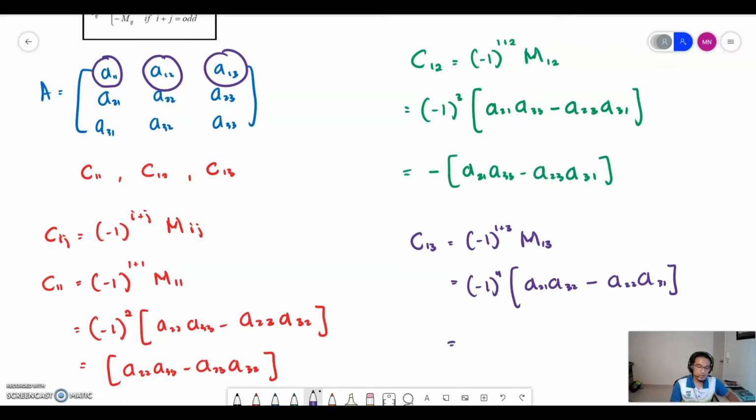Negative 1 to the power of 4 is positive 1. So we just write it down as A21, A32 minus A22, A31. So that is how you find the cofactor for C11, C12 and C13.